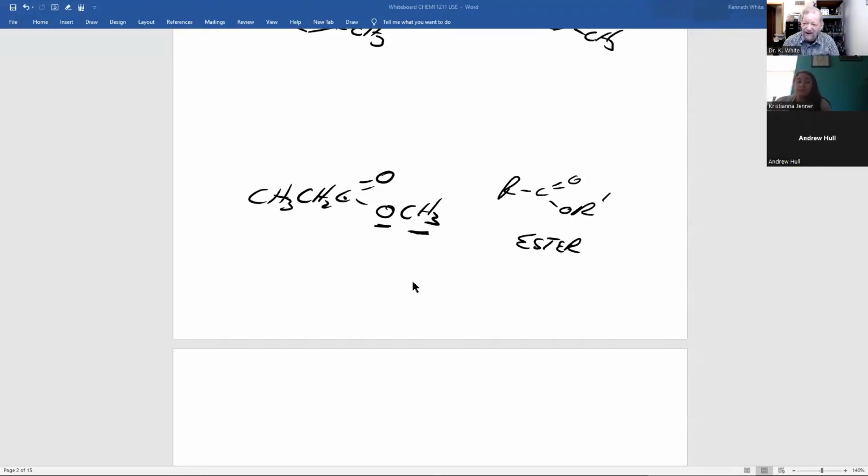All right, we're talking about esters. And on our screen right now, everybody see the ester? And how do you name this? You name the R prime as the alkyl group it is in front, methyl.